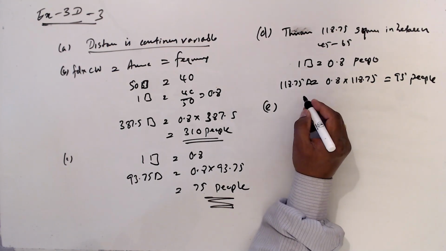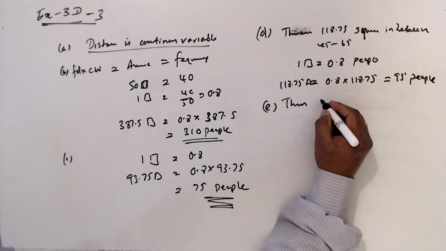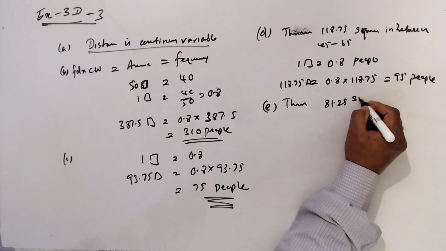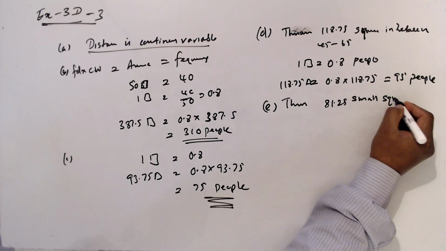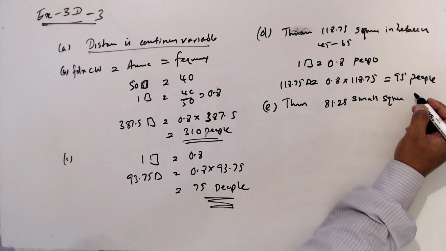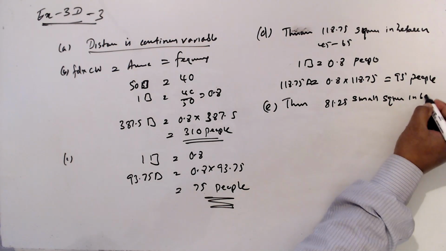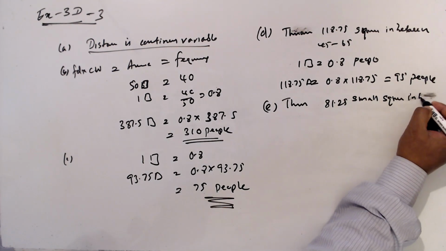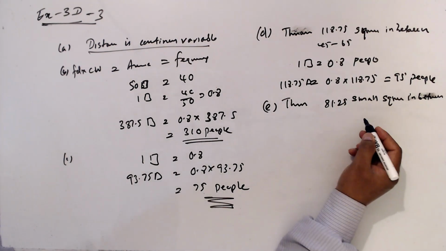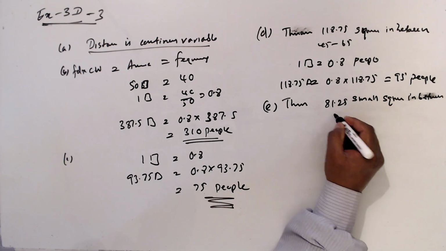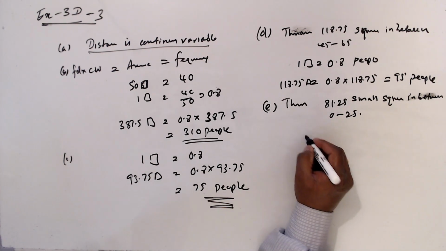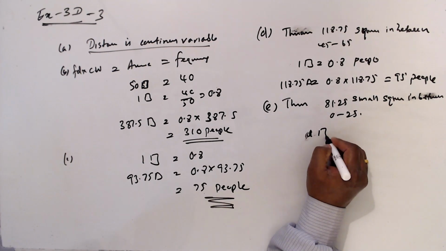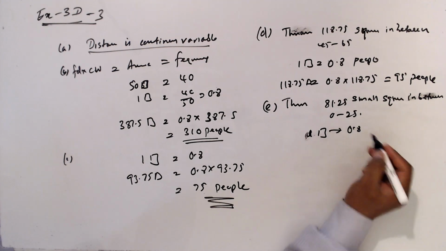And part A, estimate how many people threw less than 25 meters. There are 81.25 small squares in between 0 and 25. One square represents 0.8.